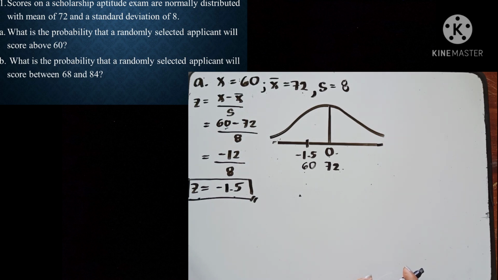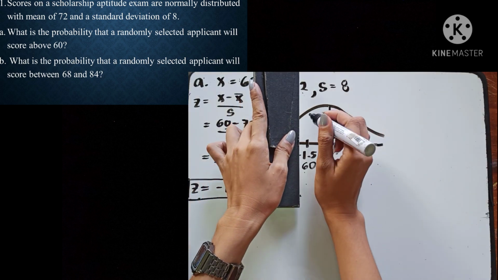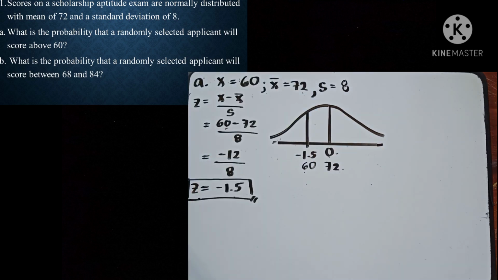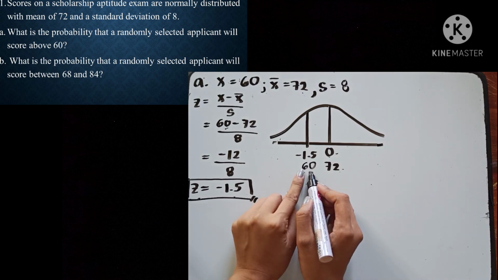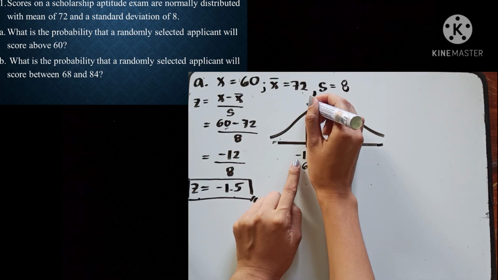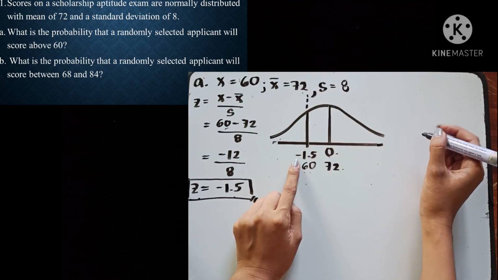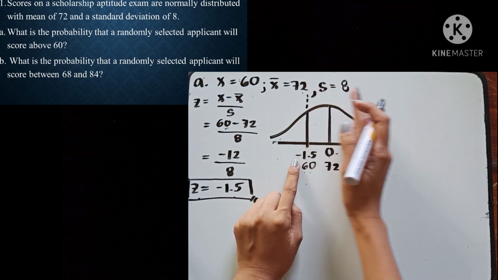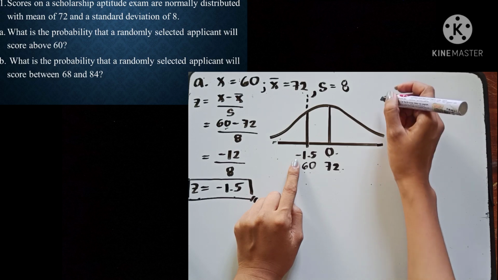Okay? So again, analyze natin yung given. Ang hinahanap po, probability that a randomly selected applicant will score above 60. Okay, so above 60. So ibig sabihin from 60 or negative 1.5, above, ibig sabihin po pataas. Ibig sabihin pakanan. Okay?